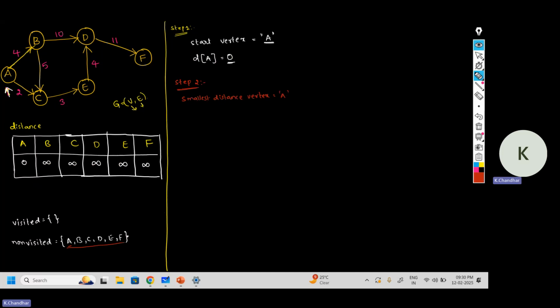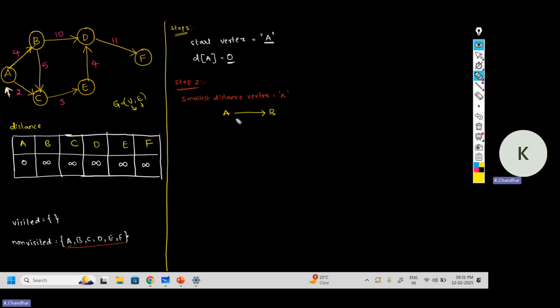So from this A, what are the vertices you can visit? Listen to this one carefully. Capital A is the vertex I have picked from this non-visited set, which has the shortest distance. So from this A, which vertices can I visit? From A to B, I can visit.